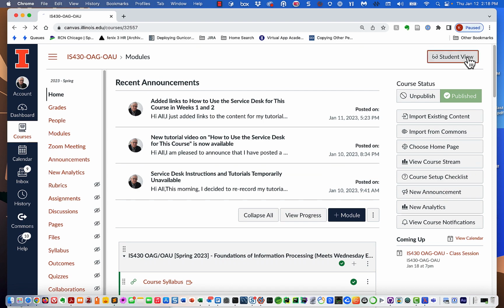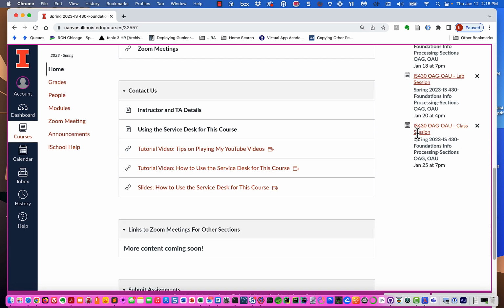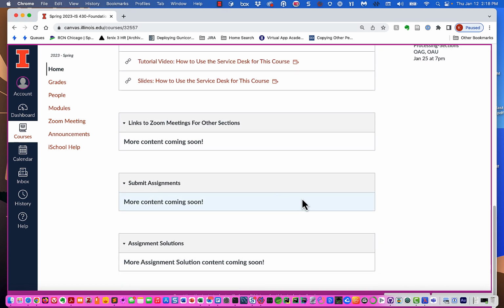Let's look at your version, student view. Yeah, there it goes. Right now on your version, the assignments are hidden because I need to go through and change the due dates. They're still set for the dates for the fall semester because I copied them over.